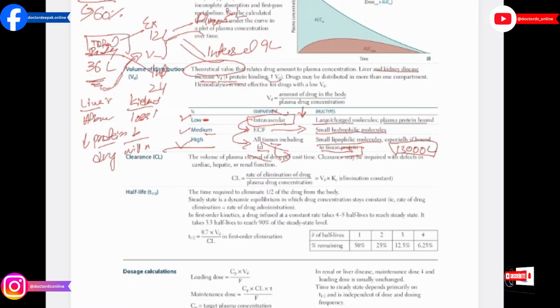Secondly, a drug with a high volume of distribution is lipophilic with small molecules, and goes to tissues and fats. A drug with a very low volume of distribution stays in the intravascular compartment, has large, charged molecules, and binds with plasma proteins. That is all about the volume of distribution.